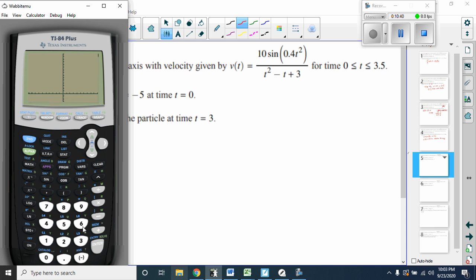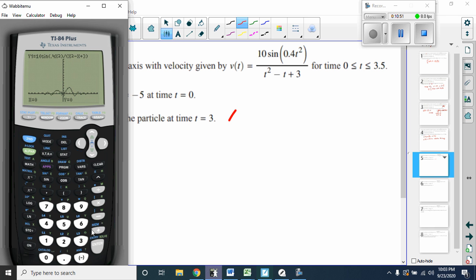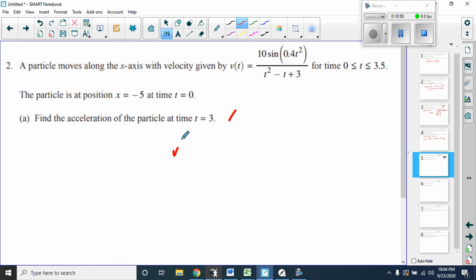Because it's calculator, we can just use the dy/dx function on the calculator. At time 3, negative 2.118.